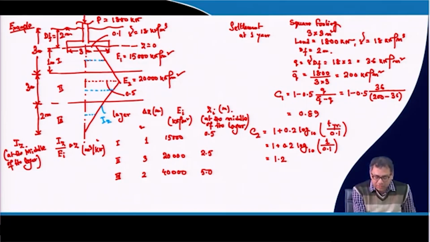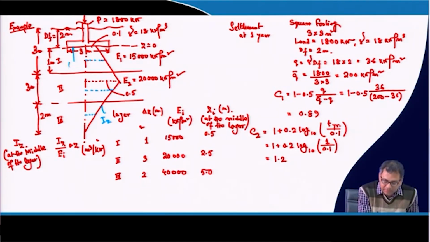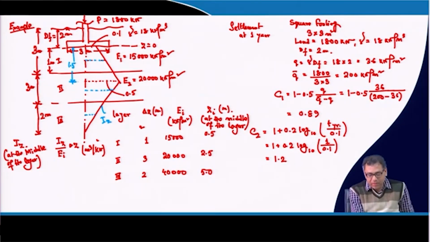This distance is 0.5 and this distance is 1.5, this is b by 2. So, at Z equal to 1.5, Iz is equal to 0.5. Then I can get the value of Iz at 0.5. I know that at 0 and at 1.5, so I can linearly interpolate and I will get the value of Iz at 0.5.